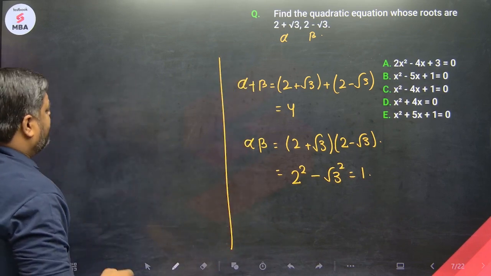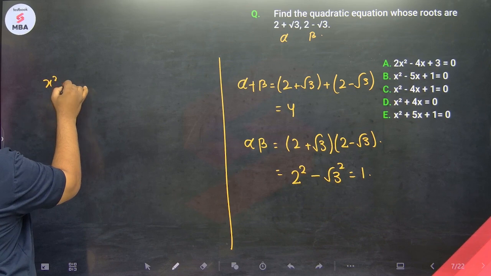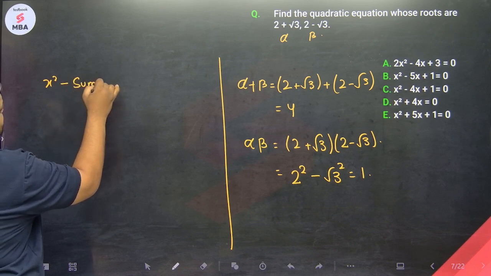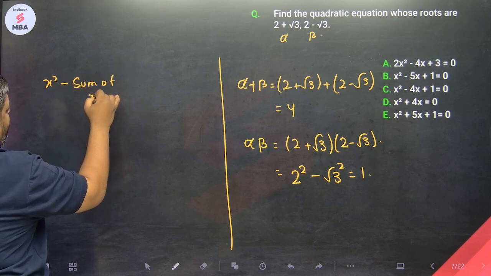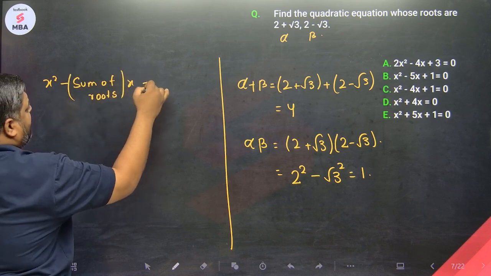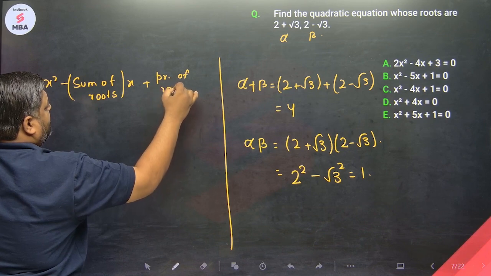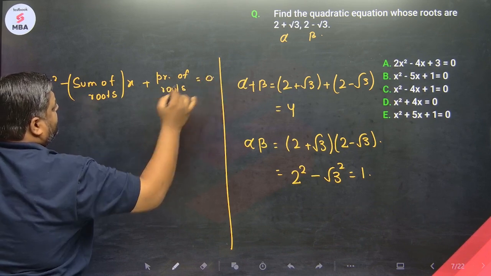How do we write the equation? The equation is x square minus sum of roots multiplied by x plus product of roots equals 0, right?